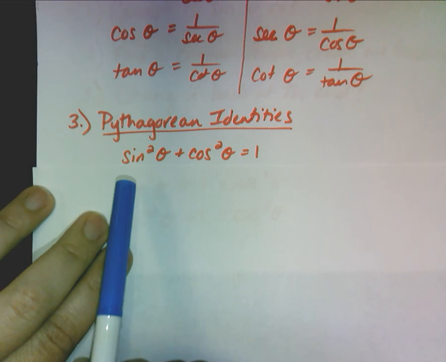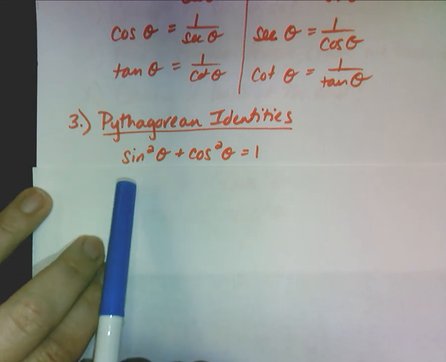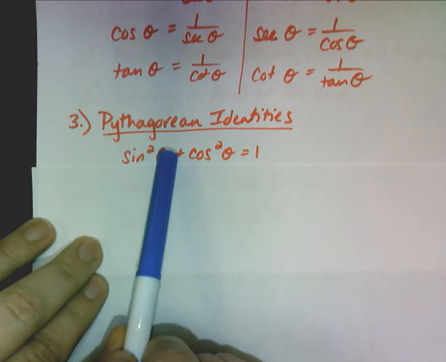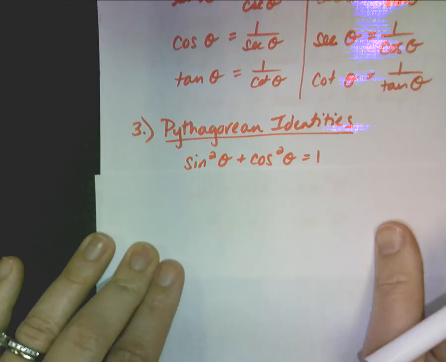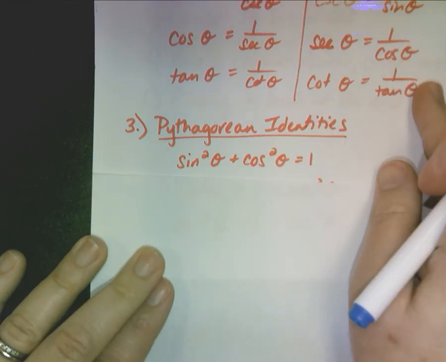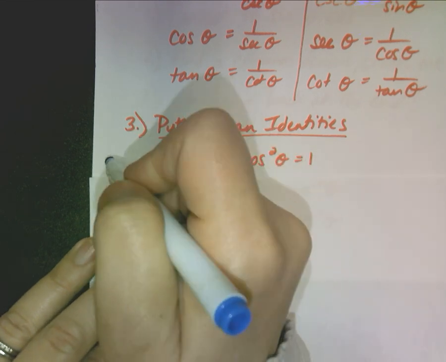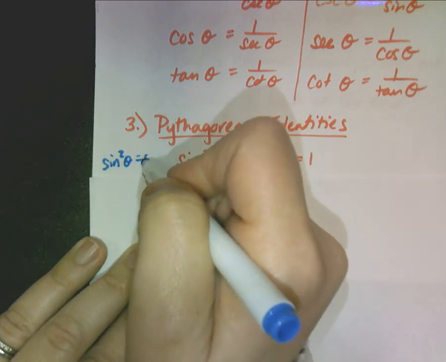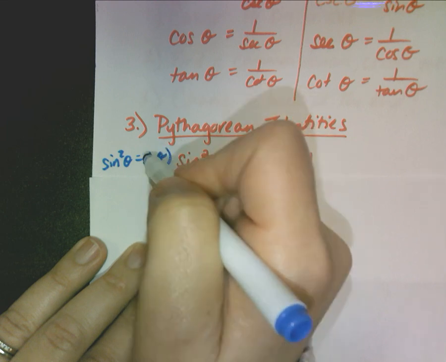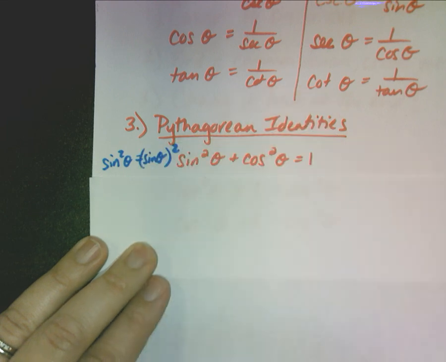What is sine squared, by the way? Just so you know, this is a unique way that they're writing sine squared. Why aren't they putting it on the outside? They want you to recognize that this is actually the same as sine theta, the whole thing squared.